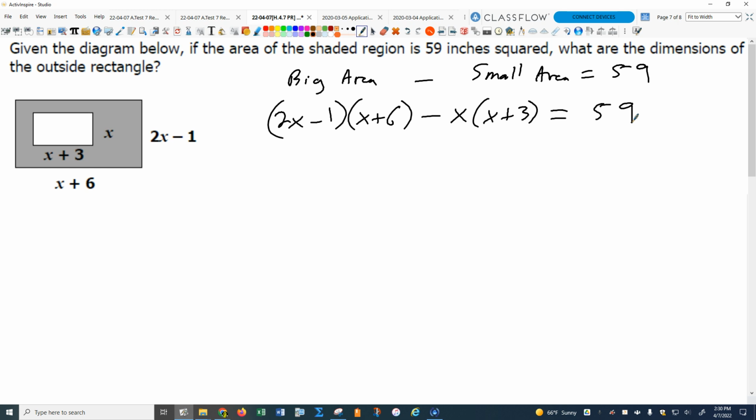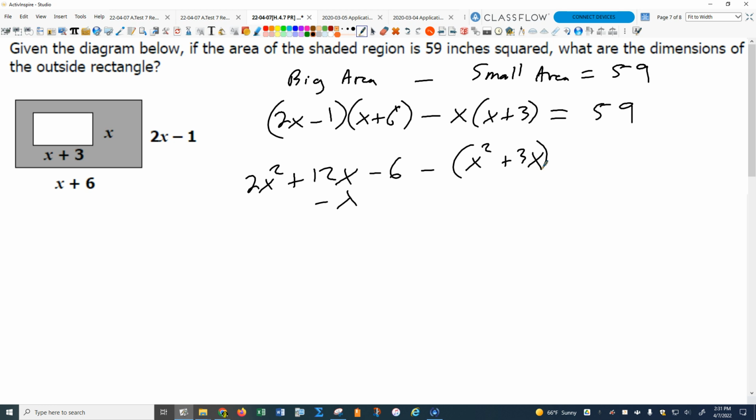No big deal. So if I FOIL all this out, what am I going to get? If I distribute the 2x, I'm going to get 2x squared plus 12x. Distribute the negative 1, I'm going to get a minus x minus 6. Agreed? Okay. Minus the quantity x squared plus 3x, right?